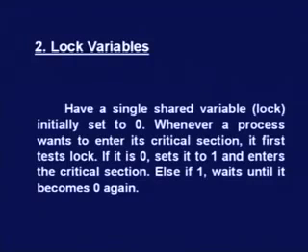Else, if the value is 1, which means that some other process is already in its critical section, then this particular process will have to wait until the lock becomes 0 again. This means that each process gets its own turn to enter the critical section. It can enter its critical section only when the lock is 0 and by setting it to 1.